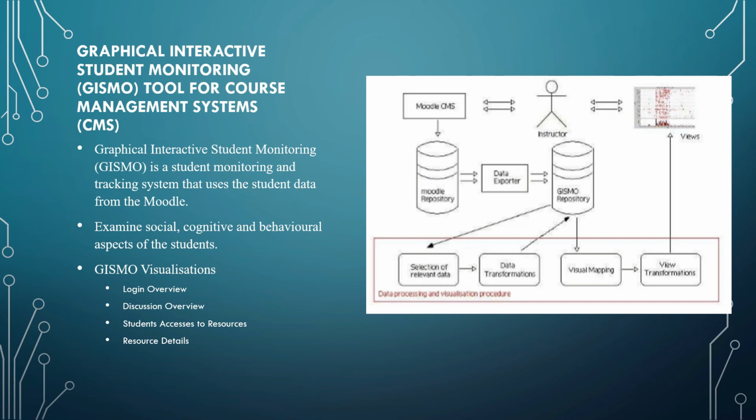In the Gizmo visualizations, there is a login overview. This means that they can see what the student accesses on the system. After that, there is a discussion overview that displays what the student posts and reads on the system.